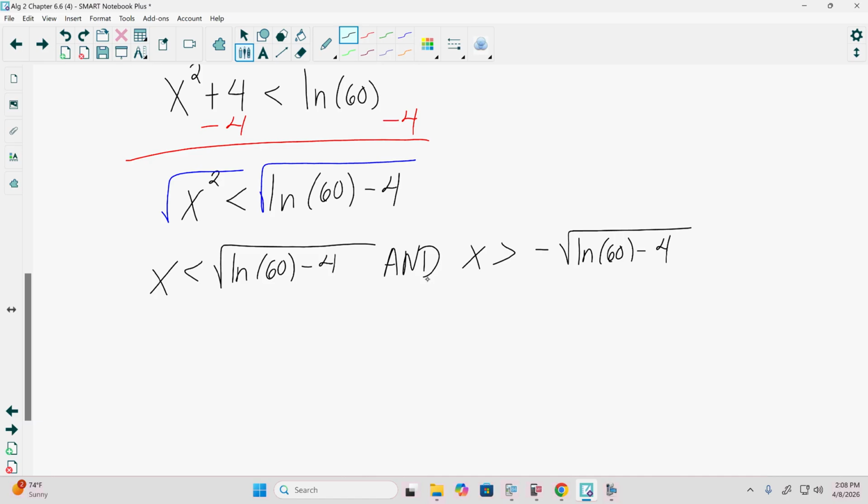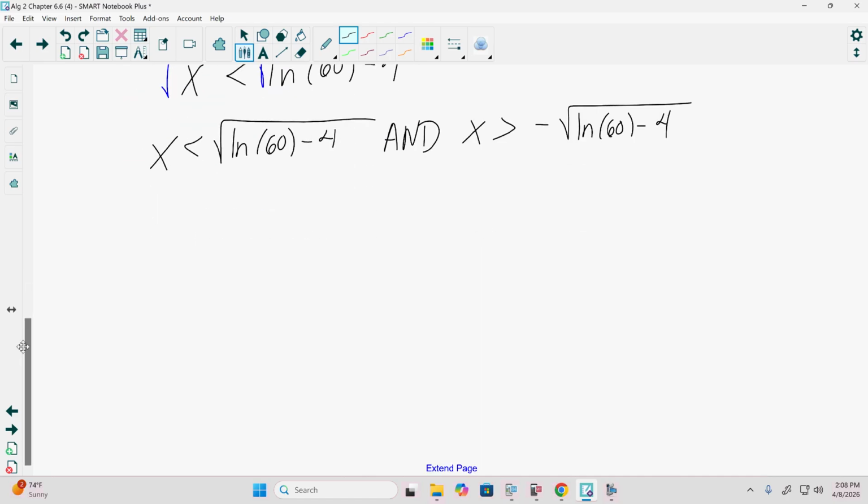So this is an and statement, really telling us that the solution set, we can actually write it as negative square root of the natural log of 60 minus 4 is less than x is less than the square root of the natural log of 60 minus 4. So our solution set is trapped between these two spots.